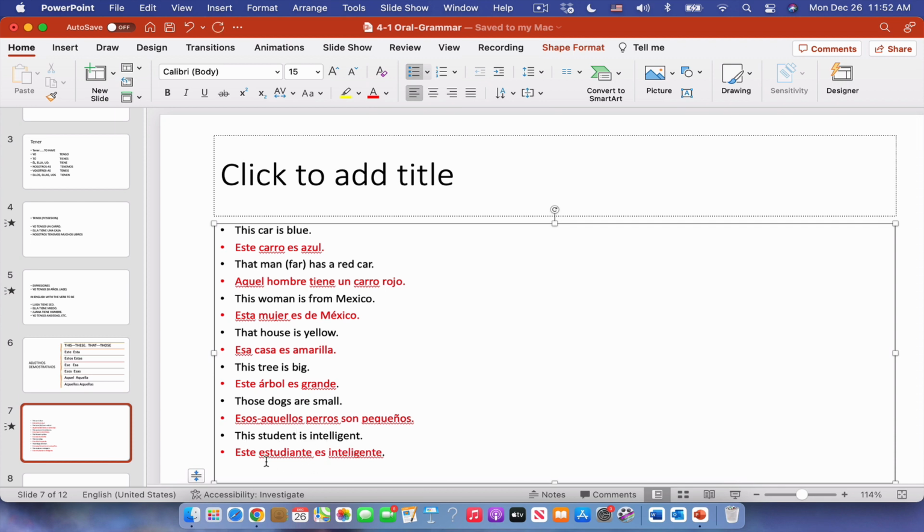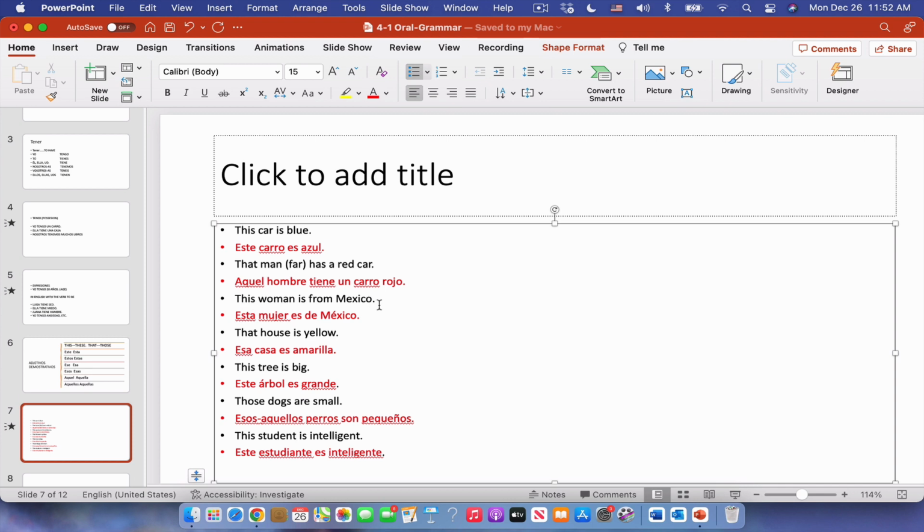This student is intelligent. In this case, este estudiante es inteligente. This estudiante, we're assuming that this is a male, right? Este estudiante es inteligente. Okay? So this car is blue. Este carro es azul. This man has a red car. Aquel hombre tiene un carro rojo.